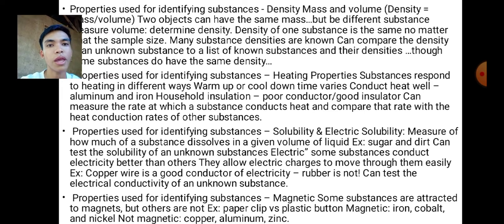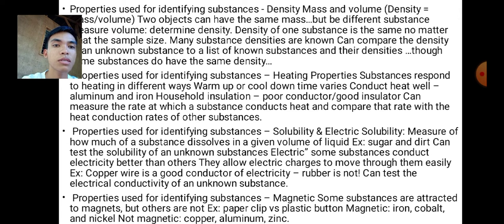For example, sugar and dirt can be used to test the solubility of an unknown substance.